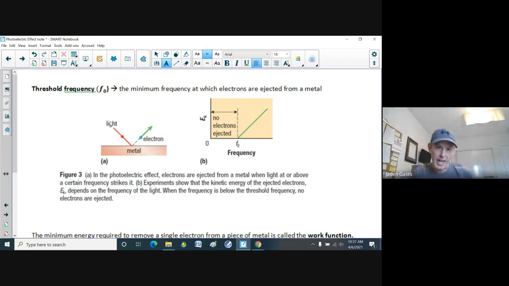So again, the whole photoelectric effect is that if you shine, it says light, but this should really say electromagnetic radiation, because we can have any type of radiation, not just light. But if you shine electromagnetic radiation on a metal and it's past the threshold frequency for that metal, an electron shoots out.